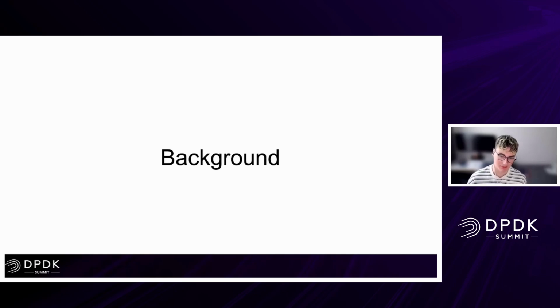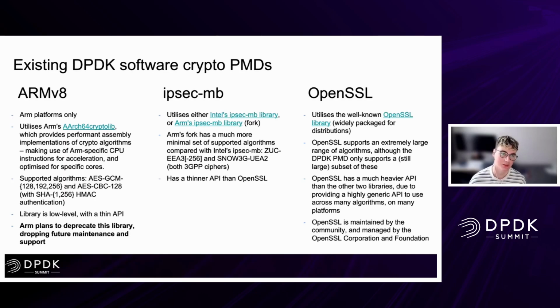So first, we have some background of where this has all come from. What are the existing DPDK software crypto PMDs? There's the Armv8 Crypto PMD, which, as the name suggests, is ARM platforms only and utilizes the AArch64 crypto lib provided by ARM. This provides performant assembly implementations of algorithms and makes use of ARM-specific instructions for acceleration.